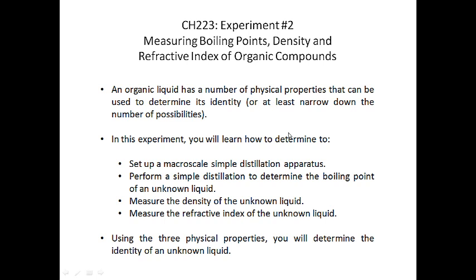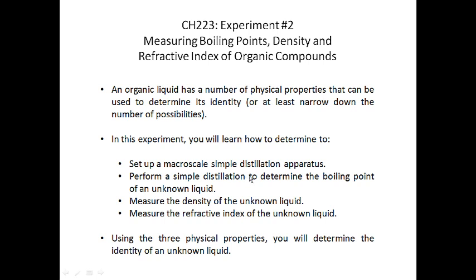So in this experiment, we're going to learn how to, first of all, set up a macro scale simple distillation apparatus, which you're going to do over the course of the year. You're going to do simple distillation, so we're going to learn how to set up the apparatus. Then we're going to perform a simple distillation that is typically used to purify a liquid.